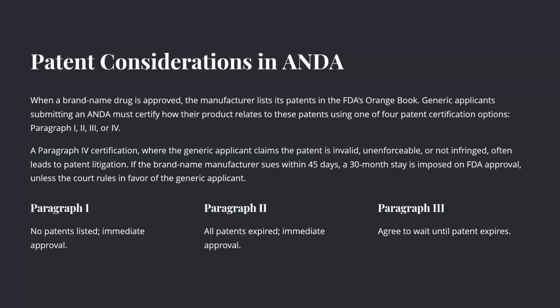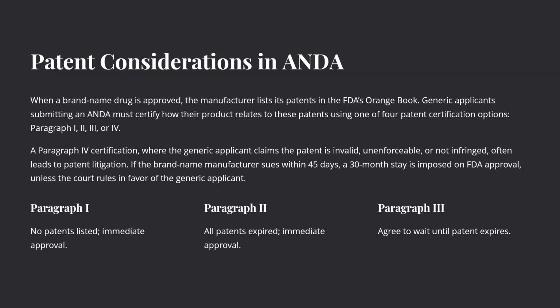And if the entire litigation favors the brand name manufacturer, then they can sue the generic applicant within 45 days of them applying for the ANDA, which leads to a 30-month stay on the generic applicant.